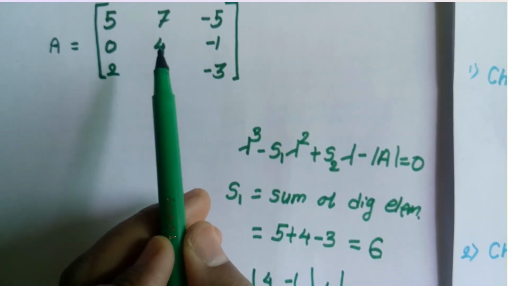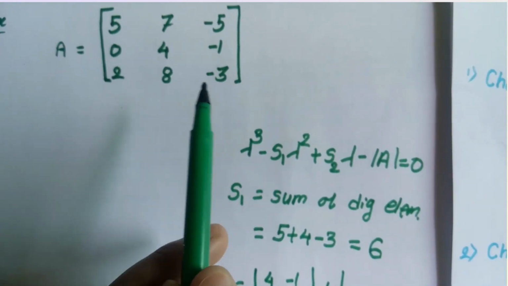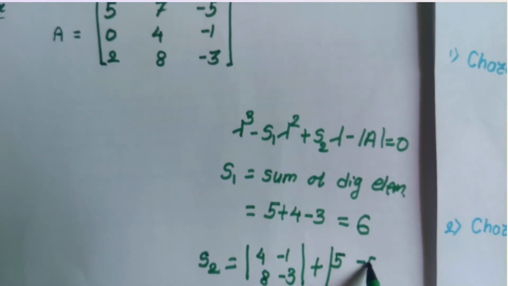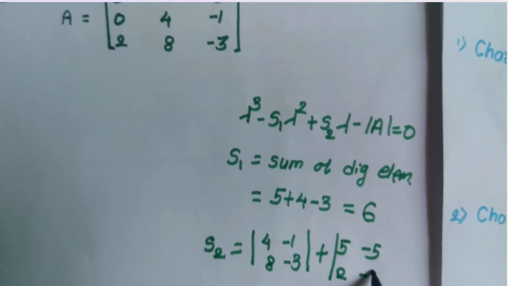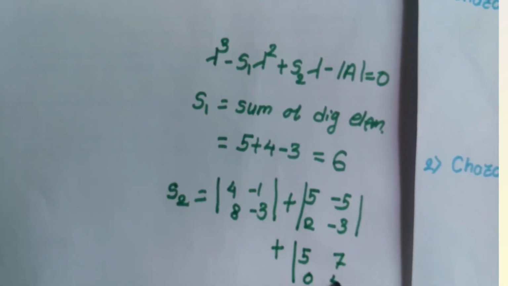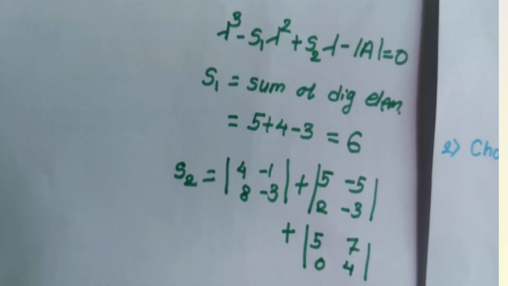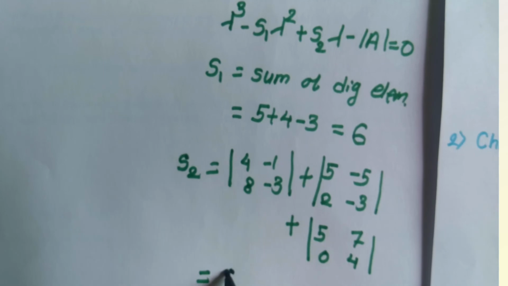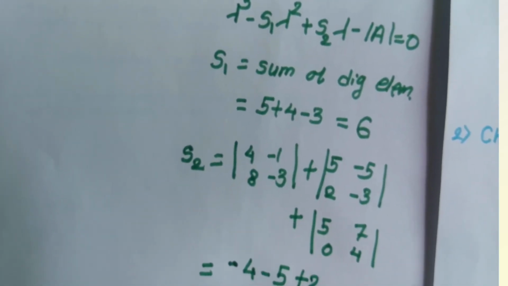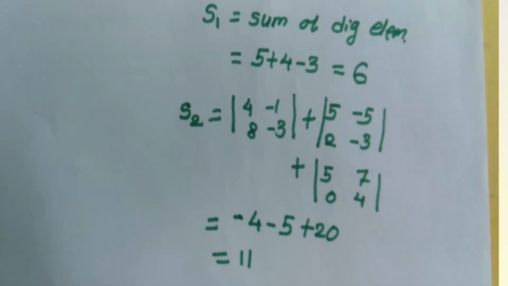The remaining elements are 5 minus 5, 2 minus 3. Similarly for the third. Solve these 2x2 determinants and find the value of S2. The value of the first determinant is minus 4, the second minus 5, and the third is plus 20. If we add these, we get plus 11.